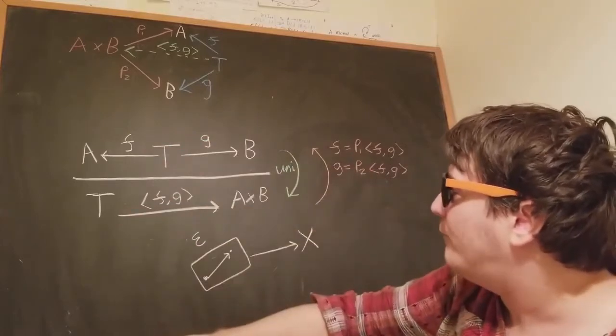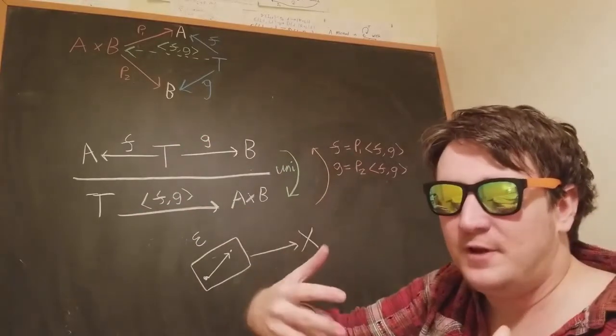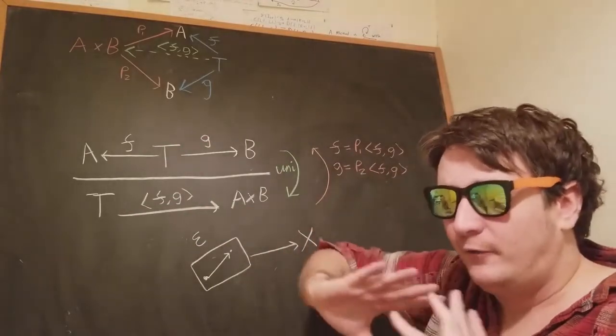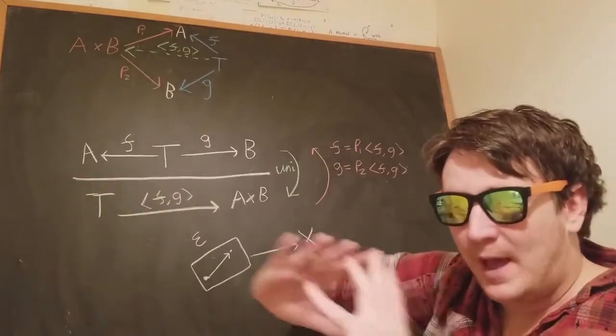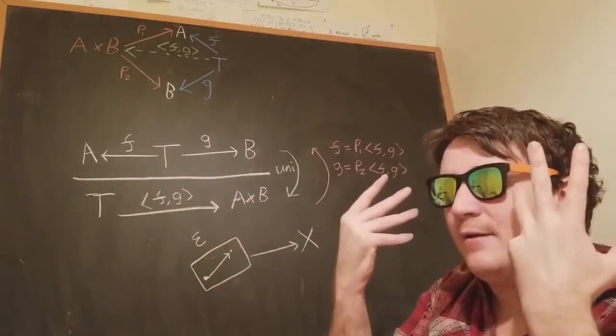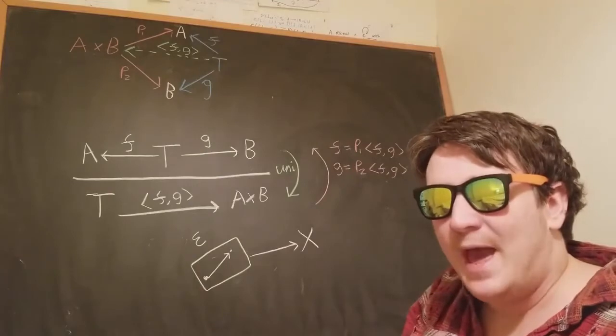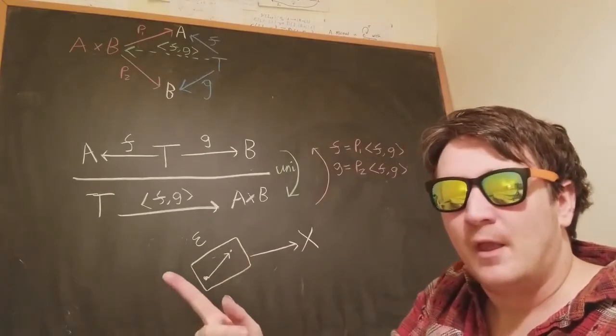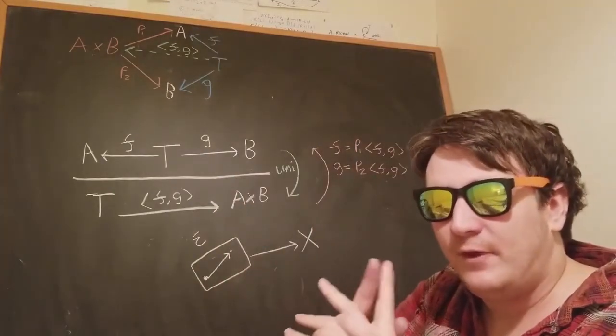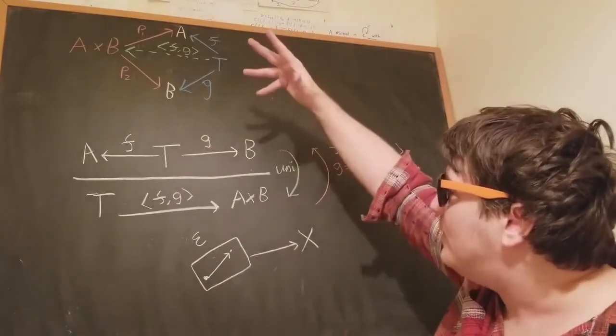So what do we have? We have a way of interchanging between single arrows into A times B and pairs of arrows, one into A and one into B. So we can interpret this in terms of generalized elements.